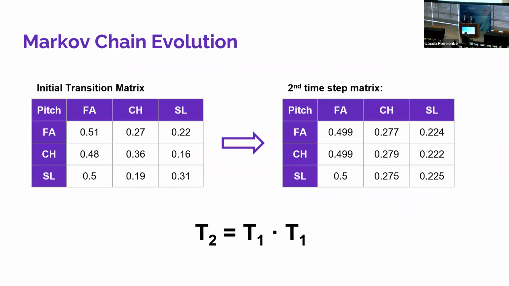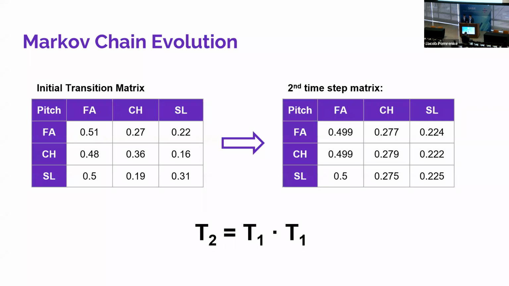Going through this Markov chain evolution, what we do is we simply multiply T1 and T1 together through a dot product operation, and we get T2, which is the second time step matrix. At this point, you can already see that the probability is shifting a little bit.